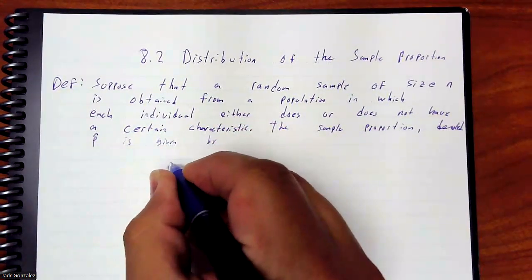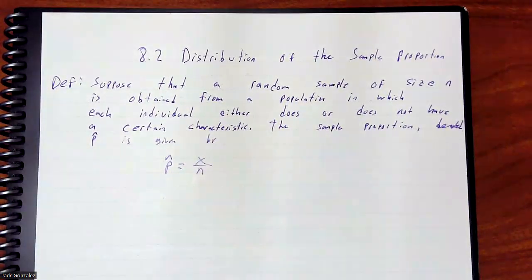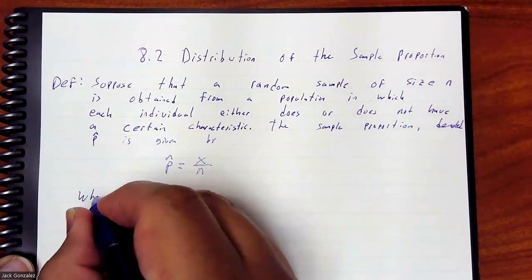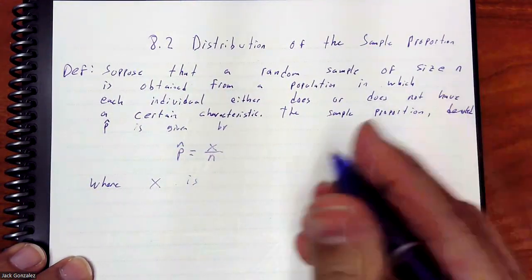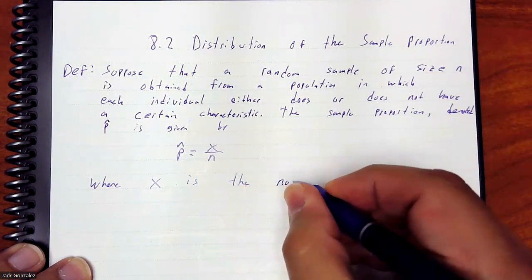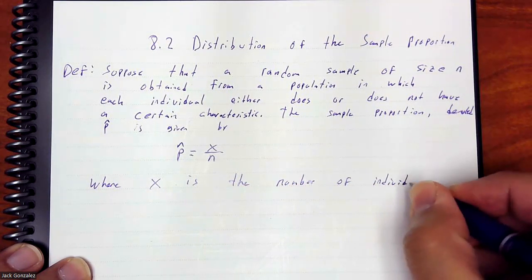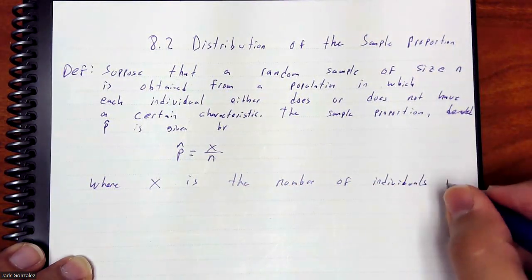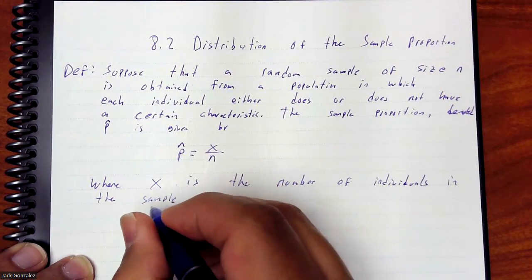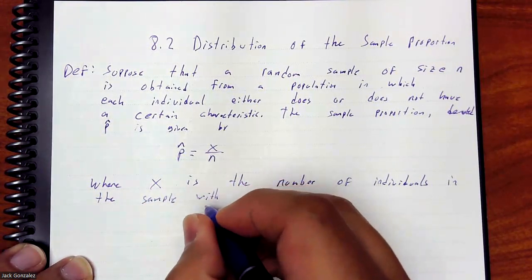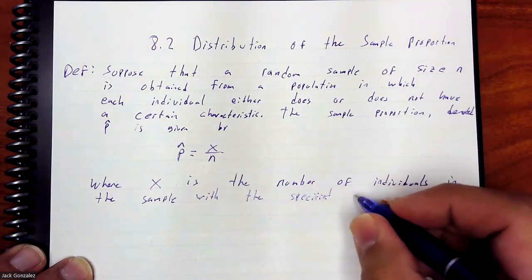So P hat is equal to x divided by n, where x is the number of individuals in the sample with the specified characteristic.